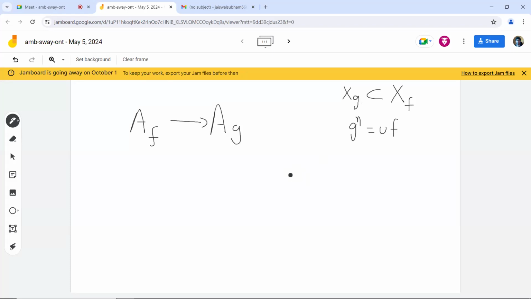And from here you have a map. So how should that map be defined? You have something like a by f to the n. So you have to send it somewhere.